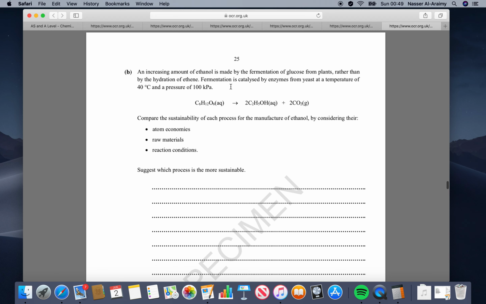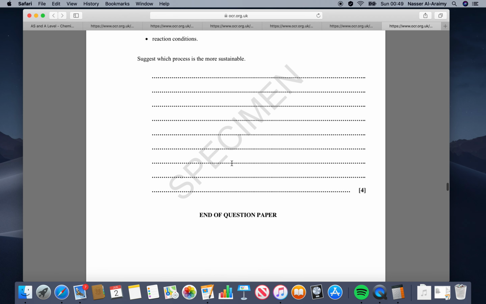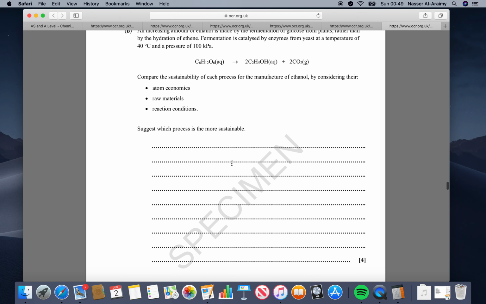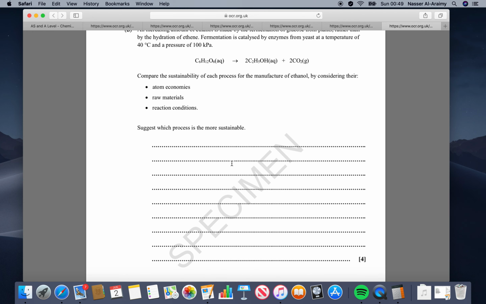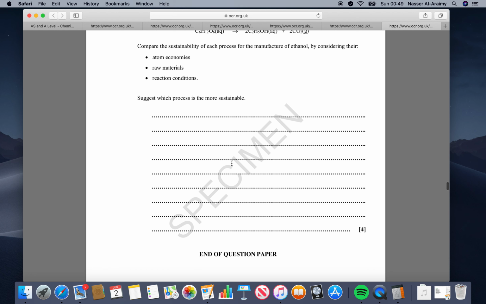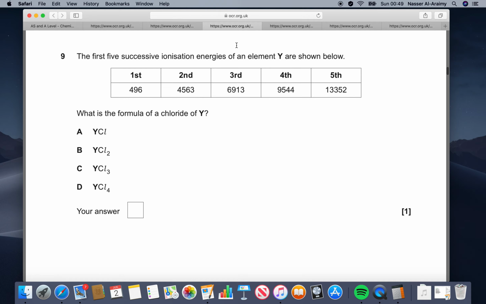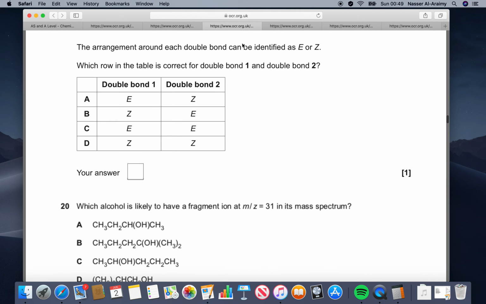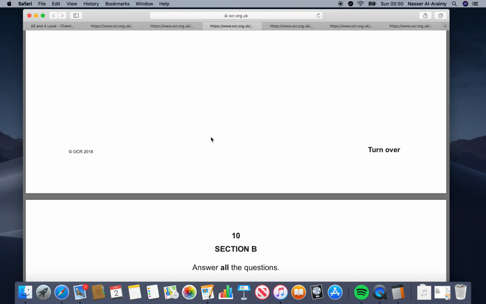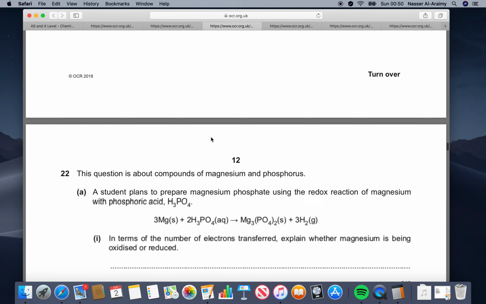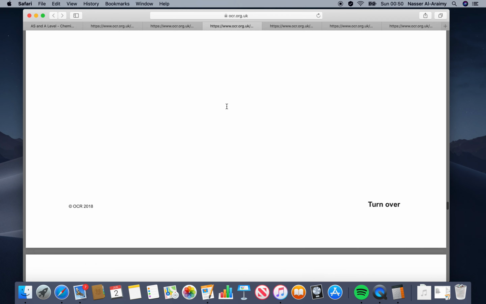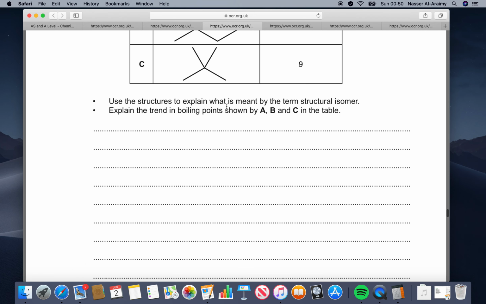Atom economy. This is a word question. Sometimes you get these wordy questions at the end. In the actual paper, they gave you a wordy question. What was it? They want you to, look at that.